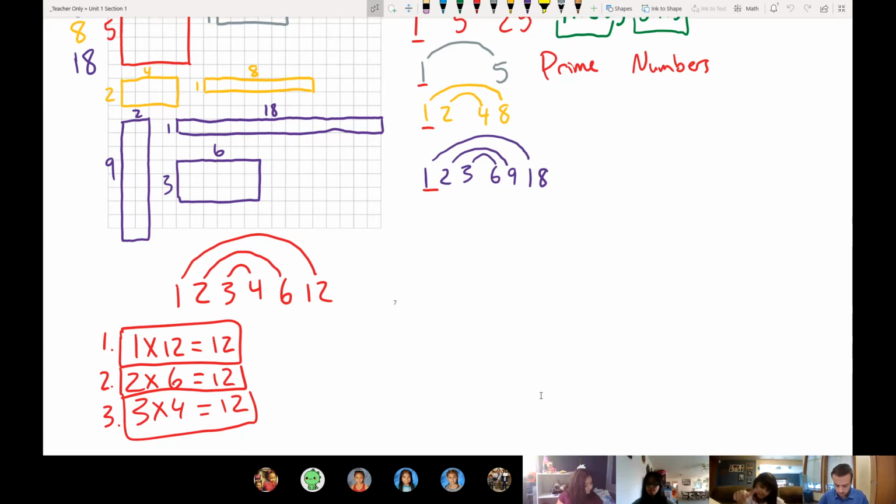Okay. Well, first, do we have questions on it? For those who are kind of sideways, is it because you don't understand it, or you just need more practice with it? I just need more practice on it.